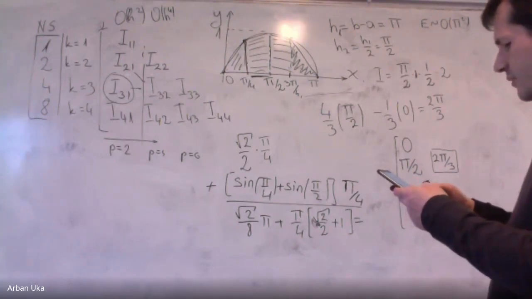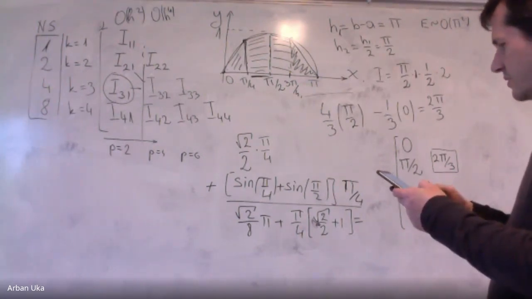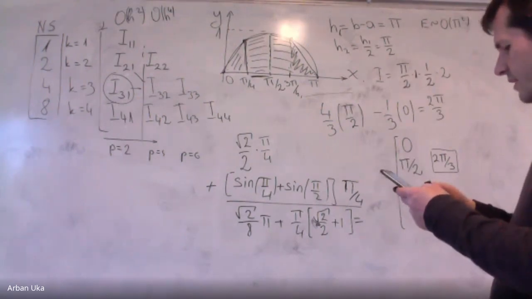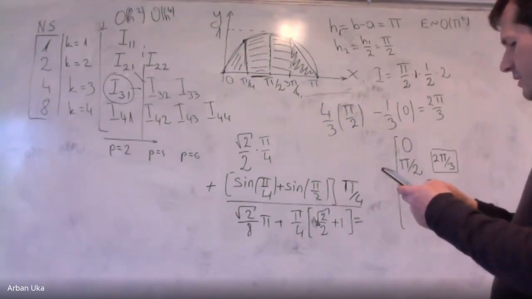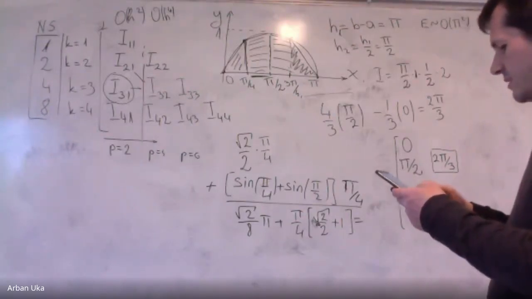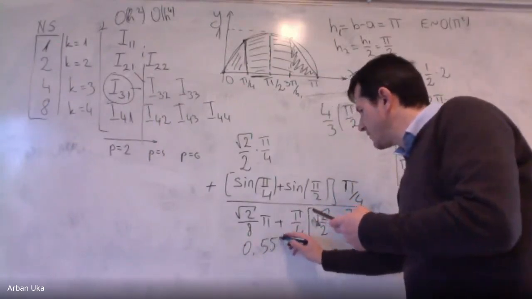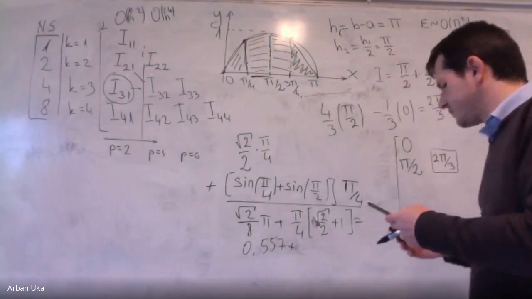So I made a mistake. 3.14 times, let's approximate this, 1.4 times 1.42 divided by 2 divided by 8, this is 0.5, this is 0.557 plus.